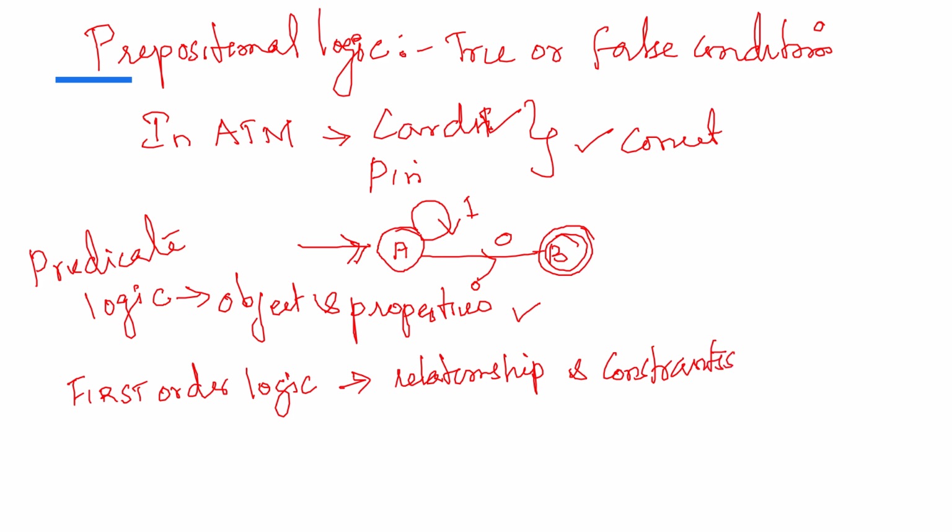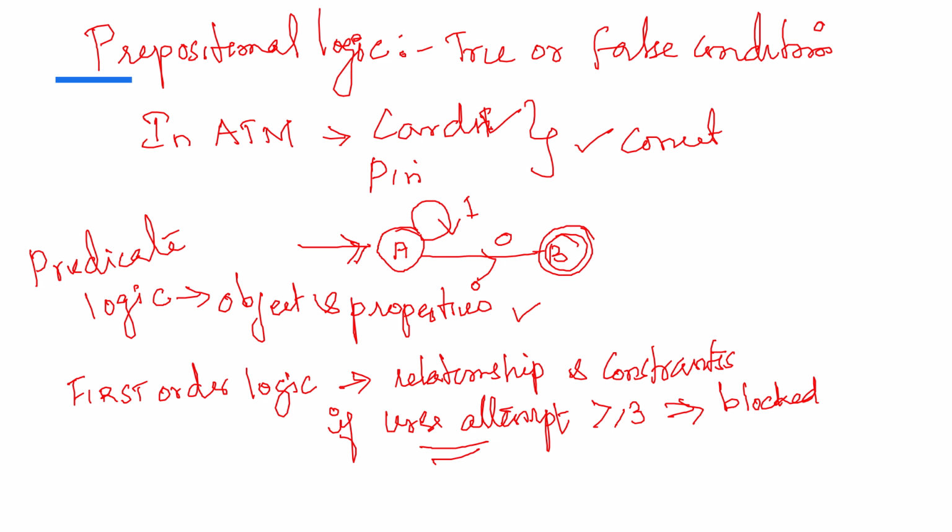For example, if the user attempts the PIN number three or more times, it is blocked by the machine. So here it is the same objects and properties, username and PIN verification, but here we have some constraints, some relationships. Like that we can apply first order logic.